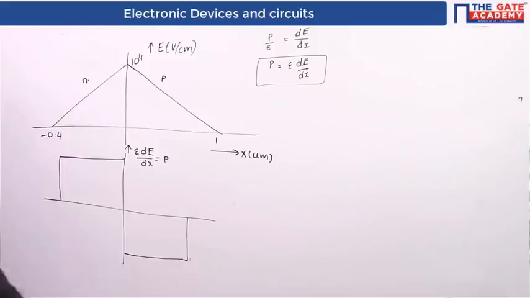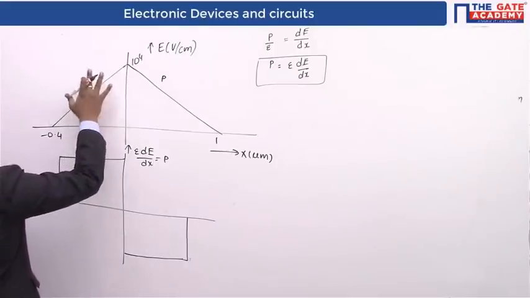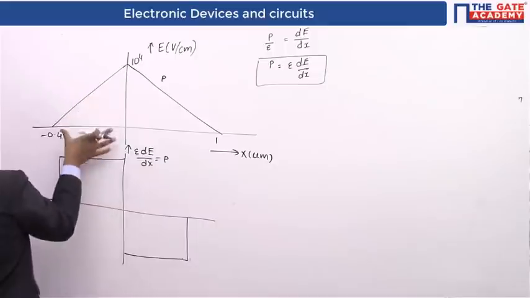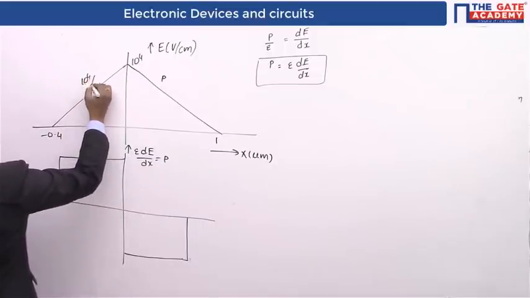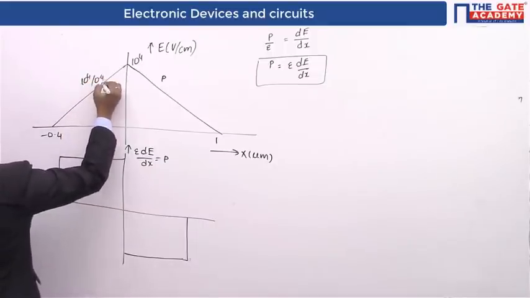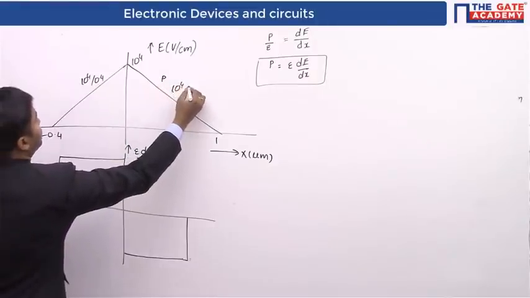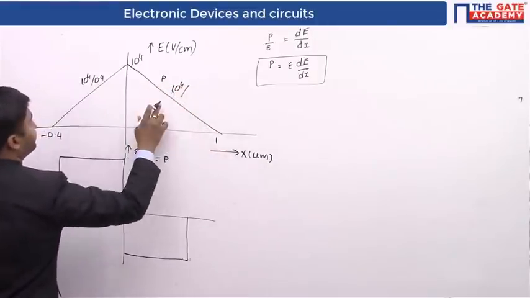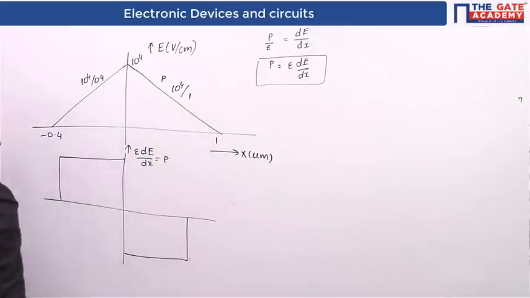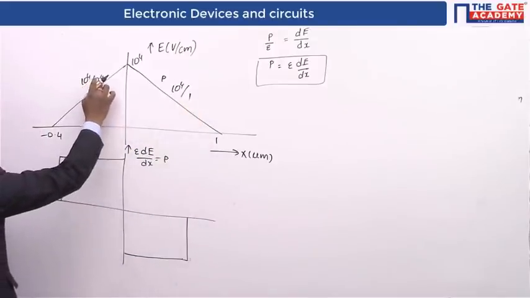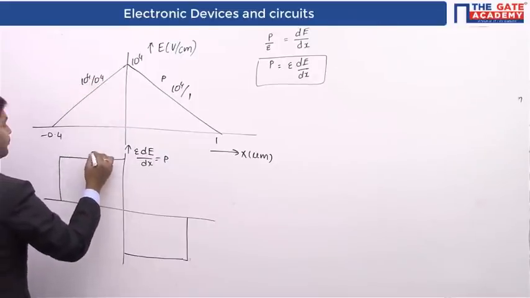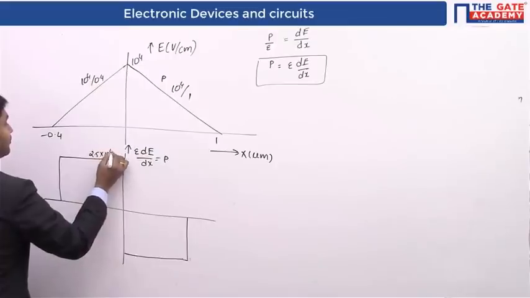Right? So please tell me what is the slope here? The slope for here is going to be 10 power 4 divided by 0.4. And here it is going to be 10 power 4 divided by 1. So we can consider it to be 5 by 2, that is 2.5 into 10 power 4 multiplied by epsilon.